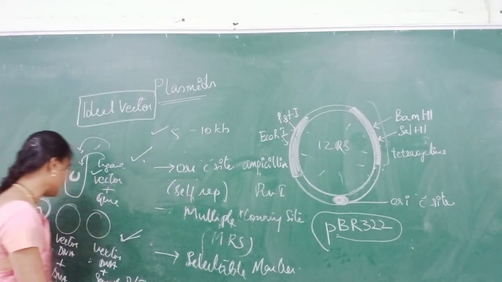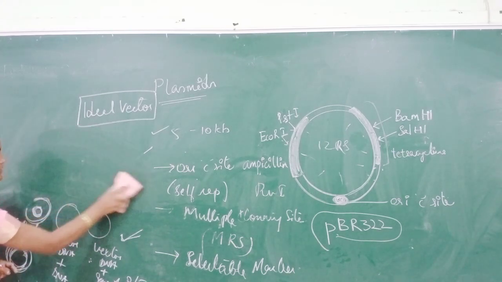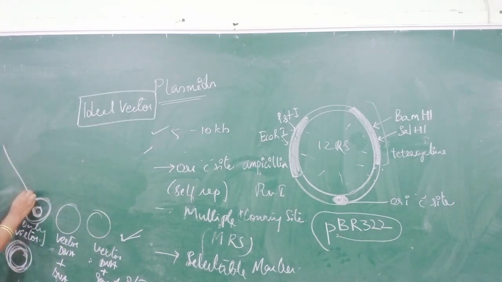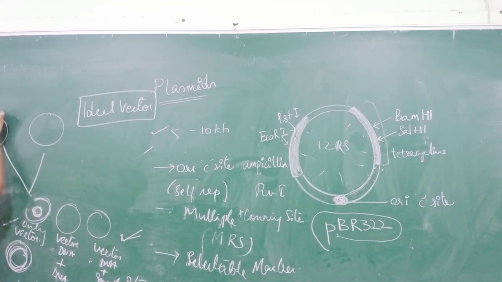In the first case, listen carefully, when this particular vector is subjected to plating with ampicillin and tetracycline, then this vector will show growth in both ampicillin and tetracycline because this vector has free ends. Okay, so what happened? Free ends are present.